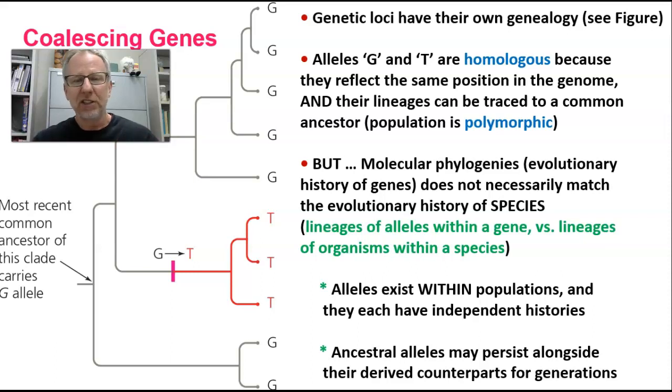We would say, just like we talk about bones being homologous, so this bone is homologous to that bone, it's just been modified through history, we can talk about these alleles being homologous because they reflect the same position in the genome. They're on the same position of a chromosome.